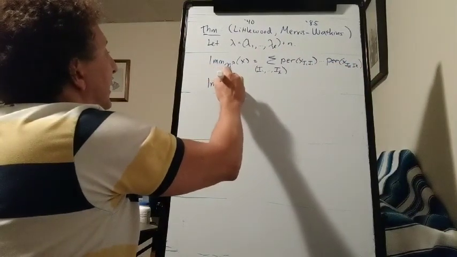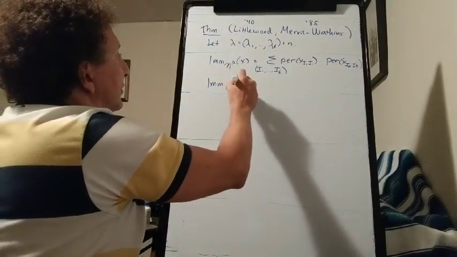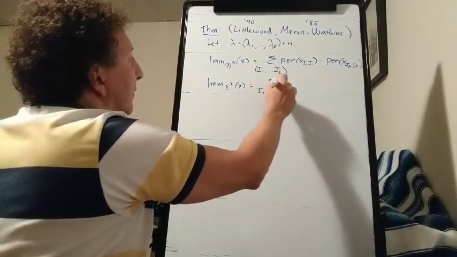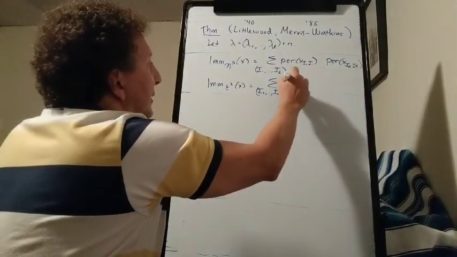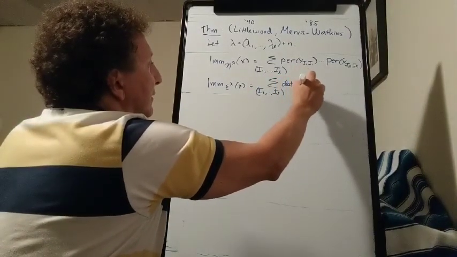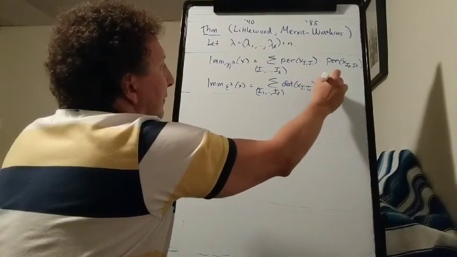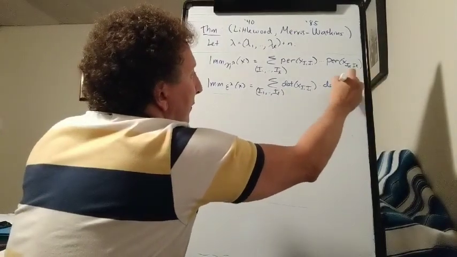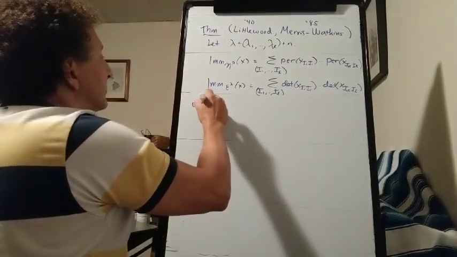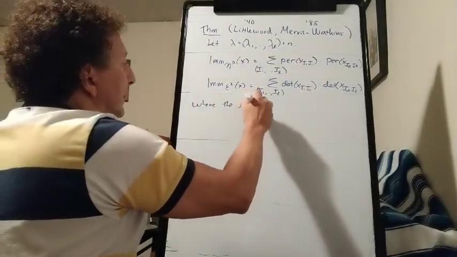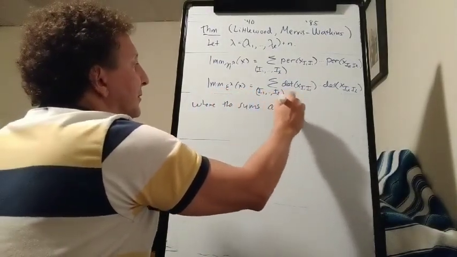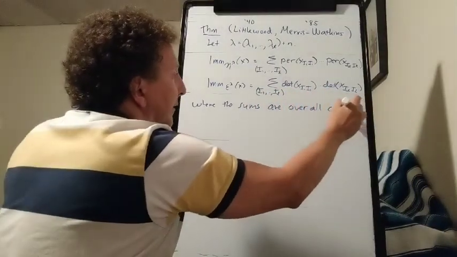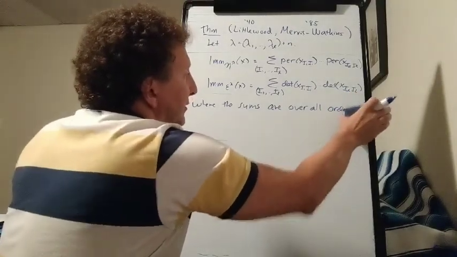And the immanent of the induced sign character is the same thing, but we take determinants of submatrices of X. So the sums are over all ordered set partitions.